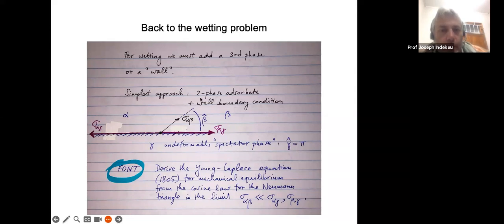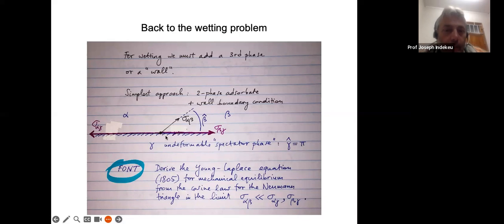Okay, so here we will consider this situation, and the alpha phase and the beta phase then sit on top of this spectator phase, and we'll consider again mechanical equilibrium of the contact line.